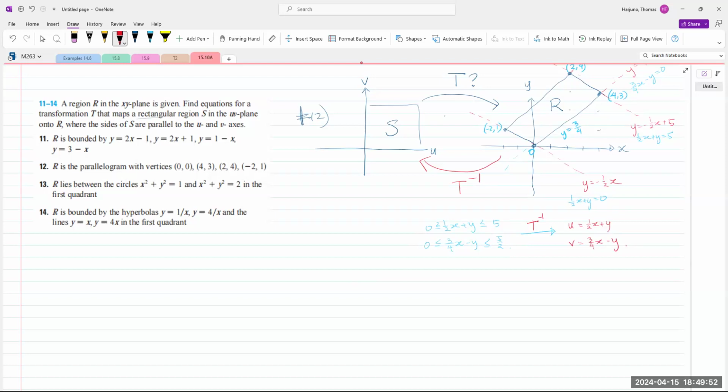But we are clear that our u will be from 0 to 5. Our v will be from 0 to 5/2. Okay, so notice that we get the image of R already. From R going back to S, we get that nice rectangle.